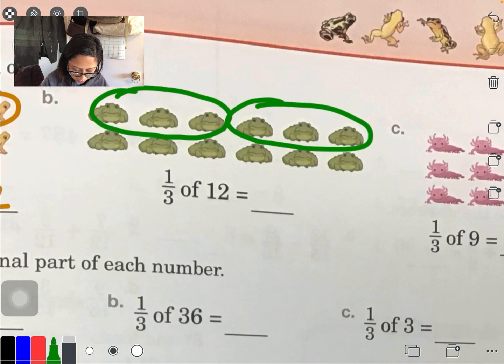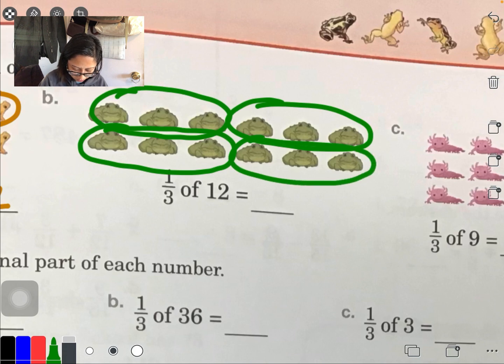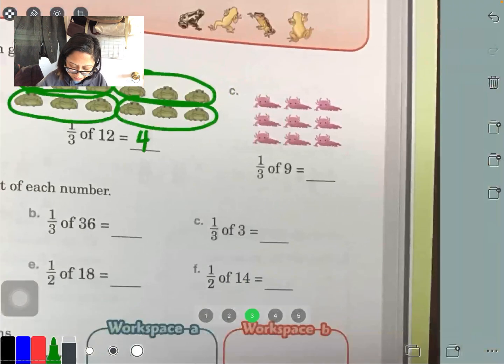This has 3. That has 3. That has 3. Now I know this says circle 1/3, but I'm just going to circle 3 in each group. So how many groups do I have? 1, 2, 3, 4. I have 4 groups. So I'll put 4 in the blank.